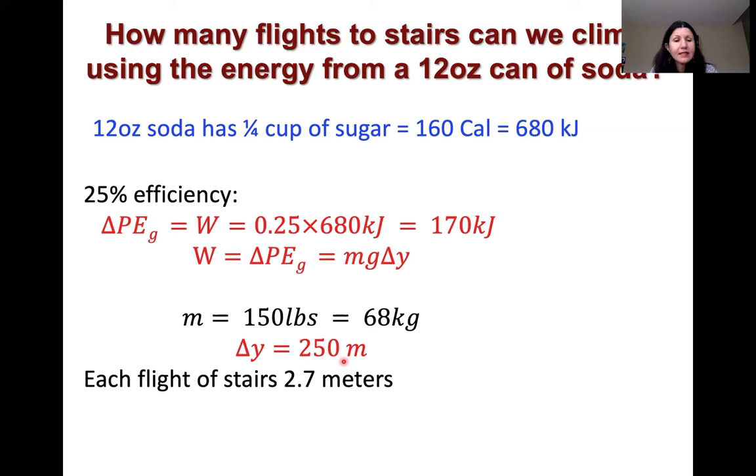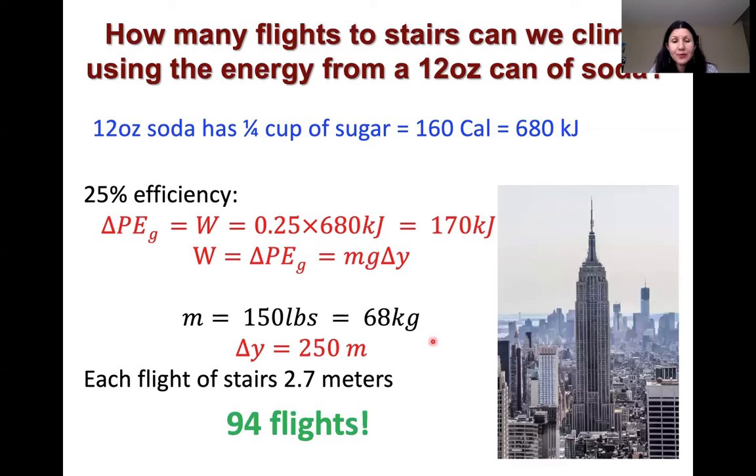So what does that tell us? If each flight of stairs is about 2.7 meters, ballpark, a story of stairs, that converts to about 94 flights. So that's about the height of the Empire State Building. So it's pretty impressive that with a can of soda, you can go that high.